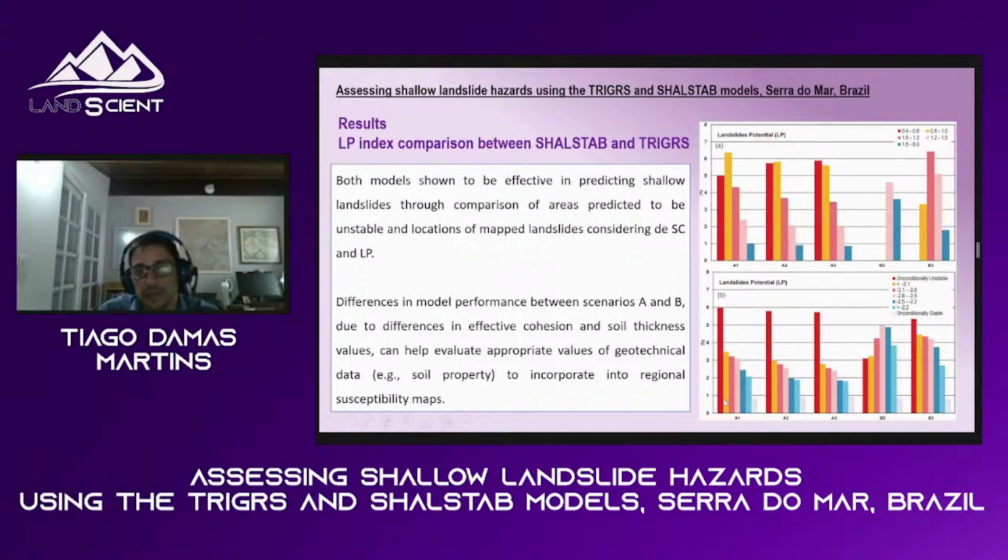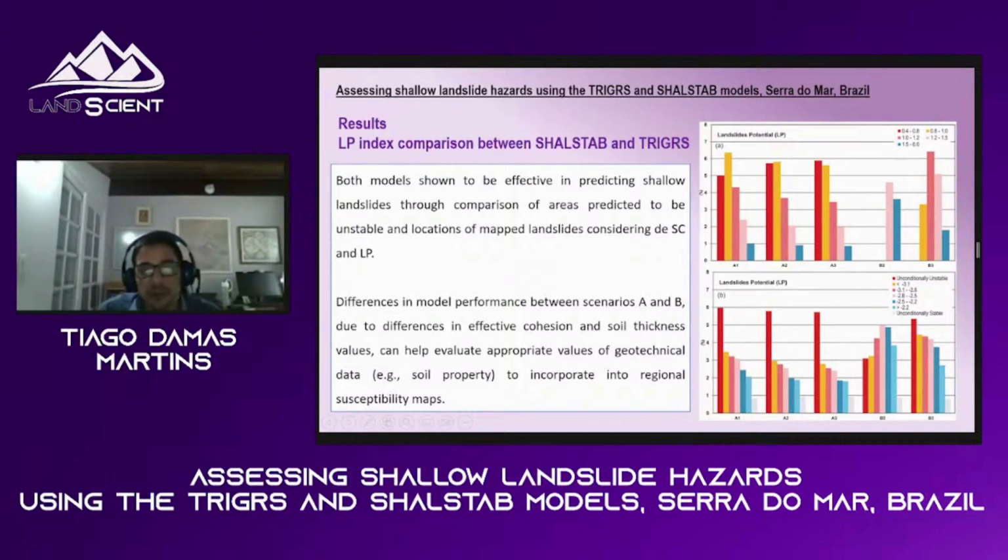So you can see here the values are quite similar, especially look at the scenario A1. You have a lot of the landslide potential presenting somehow similar results.